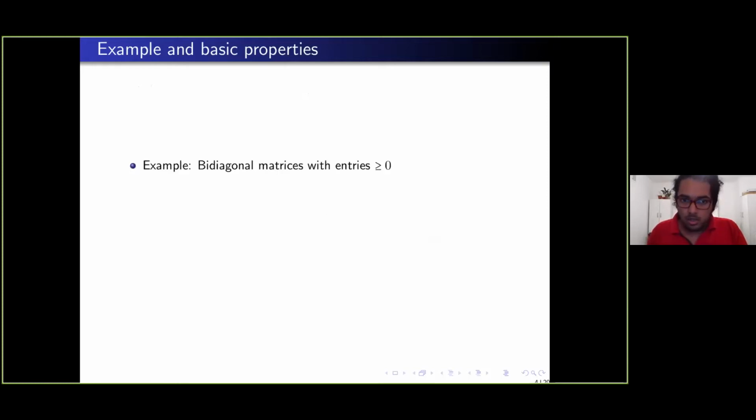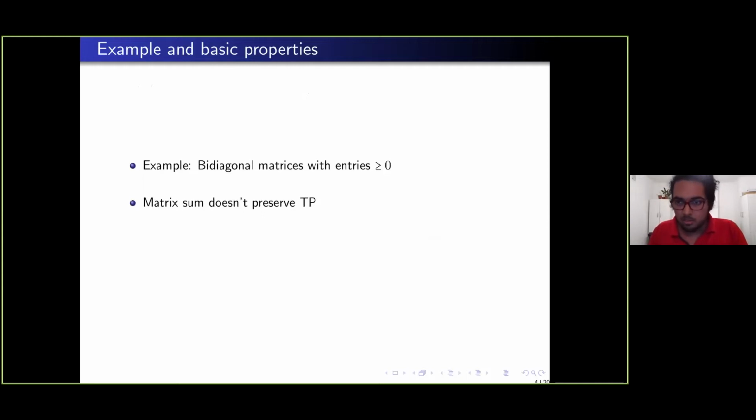An example of TP matrices are bidiagonal matrices. These are matrices where two consecutive diagonals have possibly non-zero, non-negative entries, and all the other entries are zero.